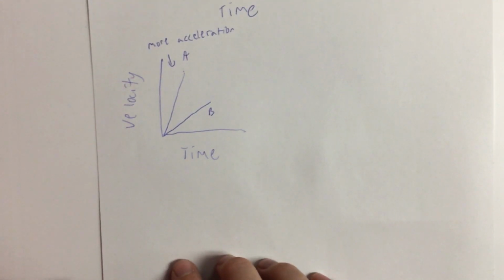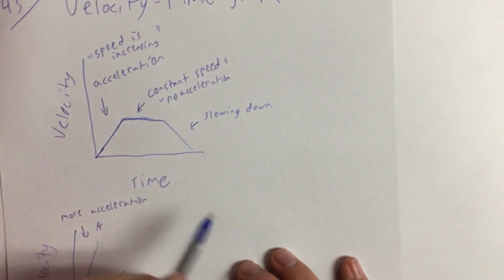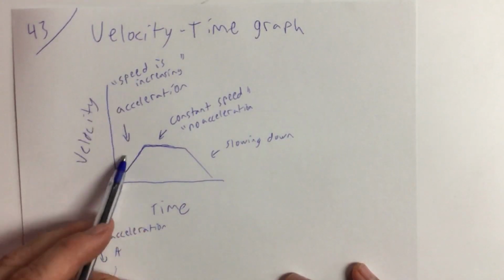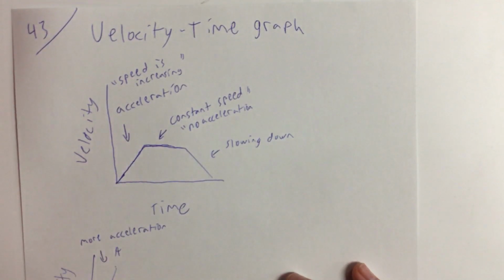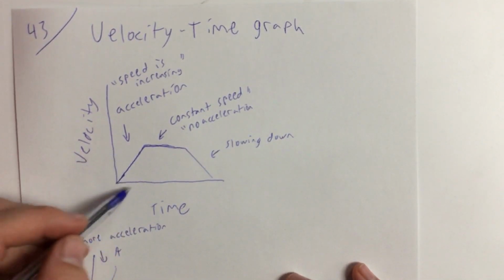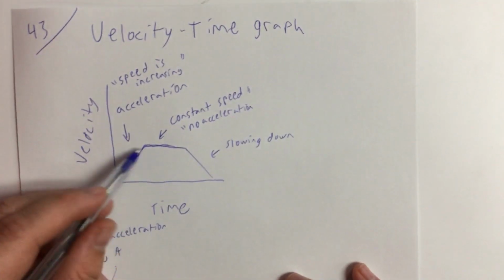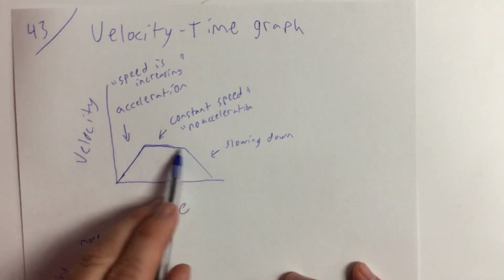So this person is like really hitting the gas pedal, and this person is getting faster, but like at a slower pace, okay? Which reminds me, if we go back here, let's use a car analogy to explain what's going on here. So speed is increasing here, constant speed and slowing down. So if you're in a car, this part on the graph would be like hitting the gas pedal. You put your foot on the gas pedal, hit it real hard, your speed shoots up, okay? Here, you're still moving.